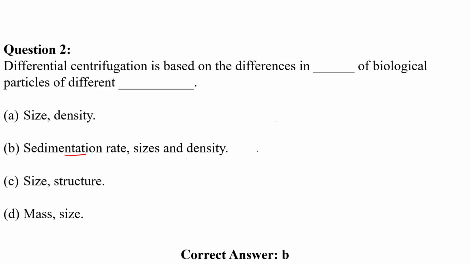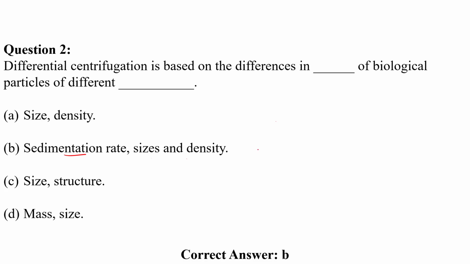Okay, that's separation based on sedimentation rate. And what we are separating, we are separating samples of different sizes and density. So in differential centrifugation, our goal is to separate different samples of different sizes and densities. In density gradient centrifugation, we are mainly focused on density. So the separation is based solely on density.